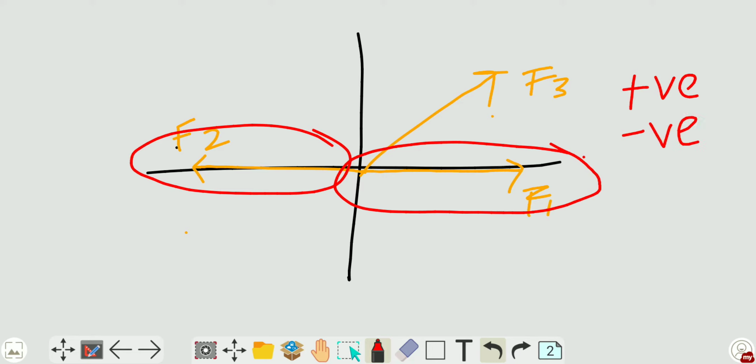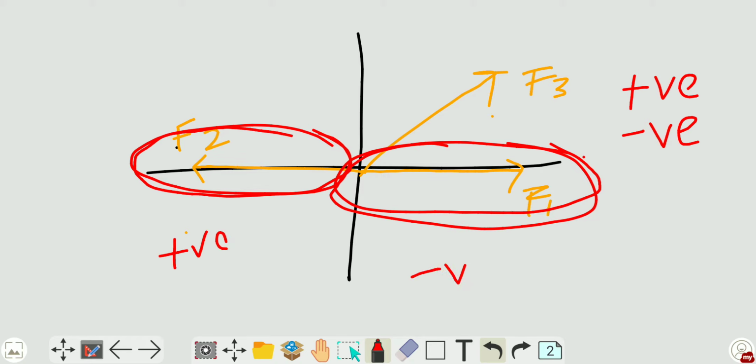You can also use vice versa. If you take the forces which are heading left as positive, you have to take right side forces as negative. So it is not necessary that right side forces are always positive. If you take them as negative, you have to take the opposite force as positive.